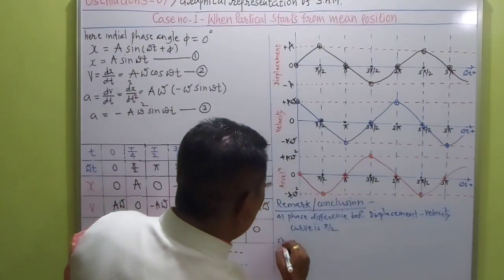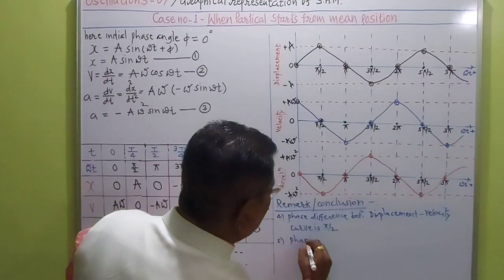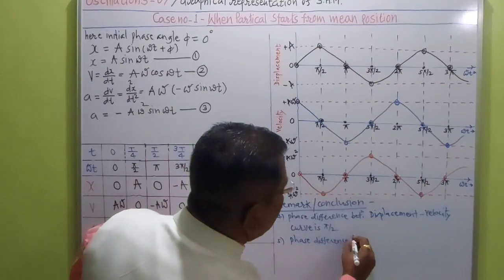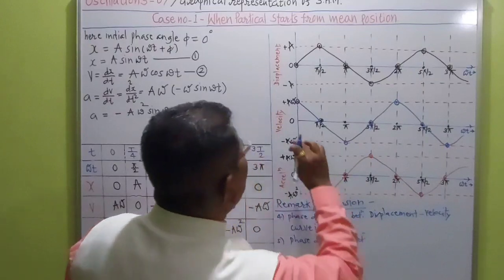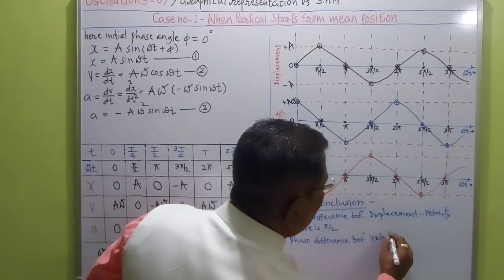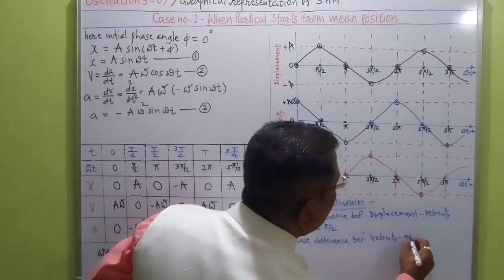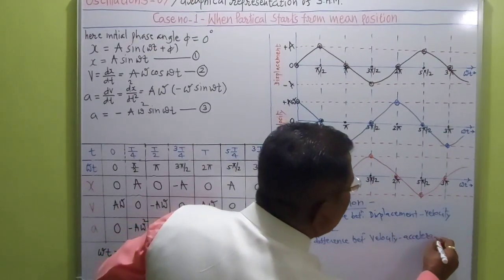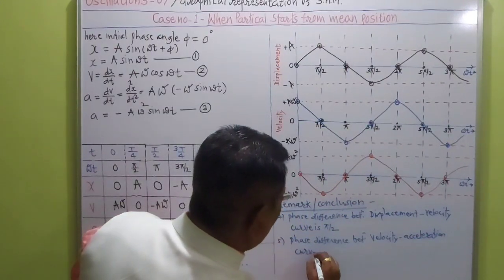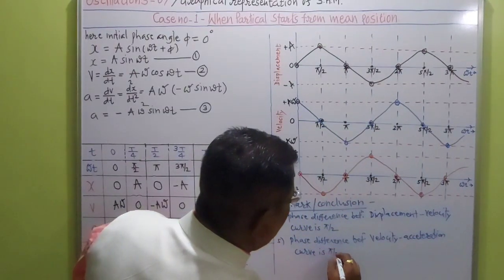Then 5, phase difference between velocity acceleration curve is pi by 2.